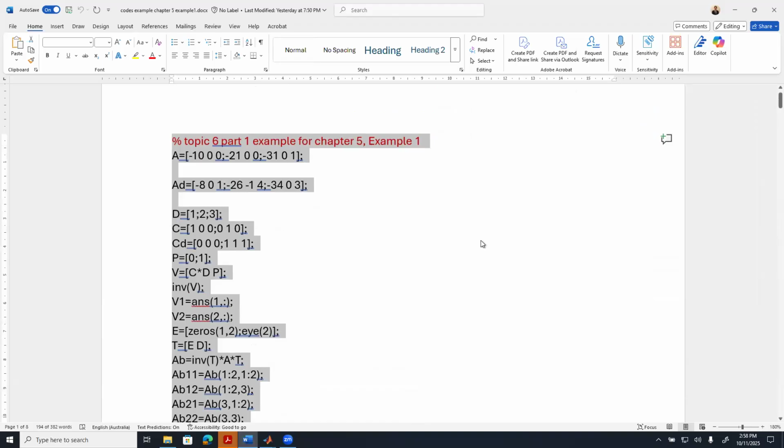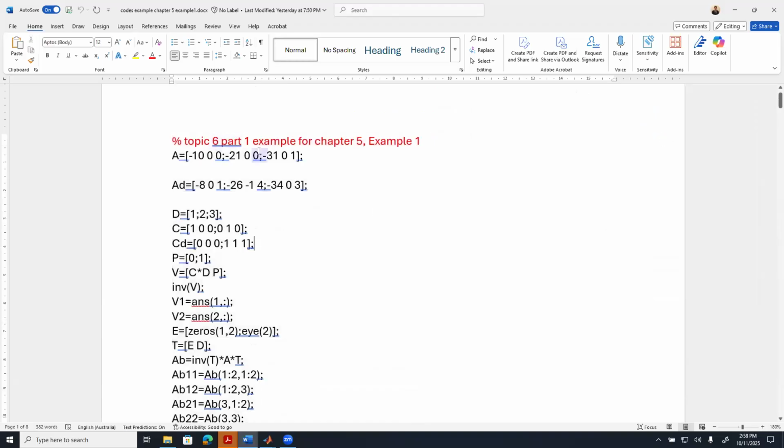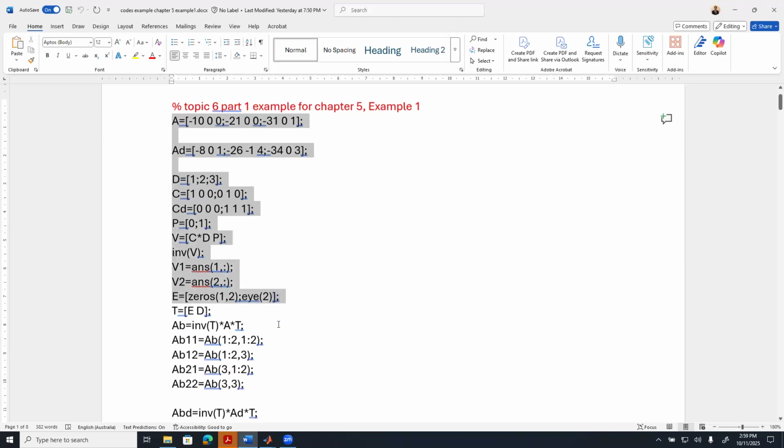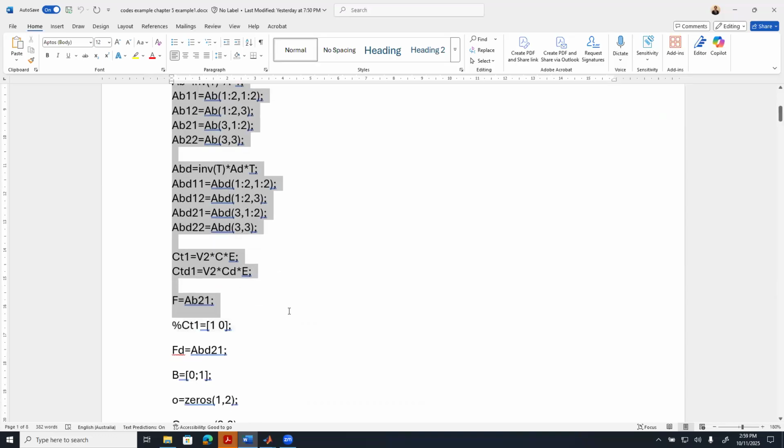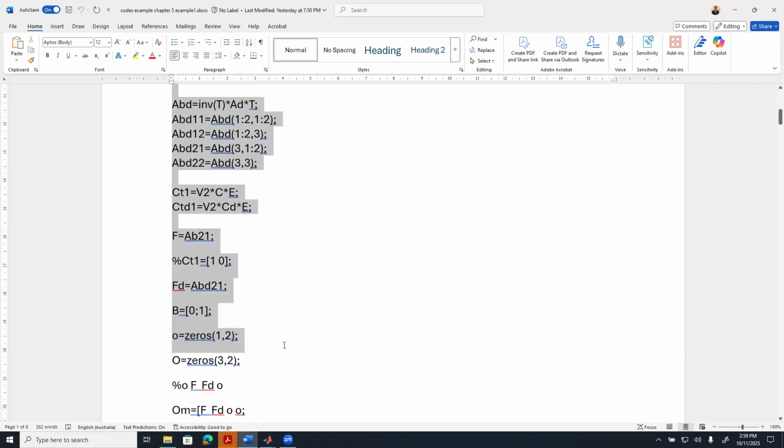Okay, so this is the code for chapter 5, example 1. We got the matrices A, AD, D, C. Remember, CD is now a non-zero matrix, and our decomposition allows us to obtain the matrix C tilde 1, C tilde D1, and the matrices F and FD.